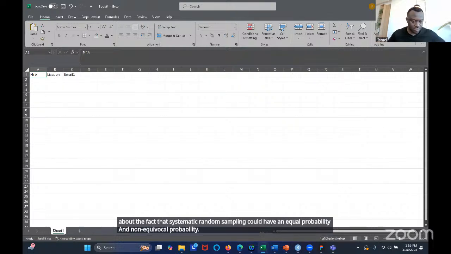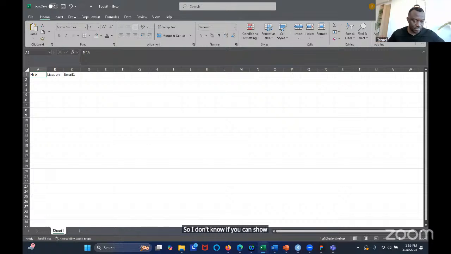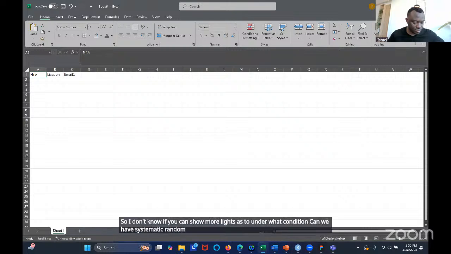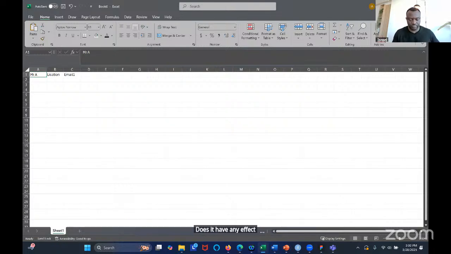I don't know if you can throw more light on under what condition systematic random sampling can have unequal probability. Then number two is, when we have this unequal probability for systematic random sampling, is there a measure we can take to correct for it? Does it have any effect on the desired outcome?